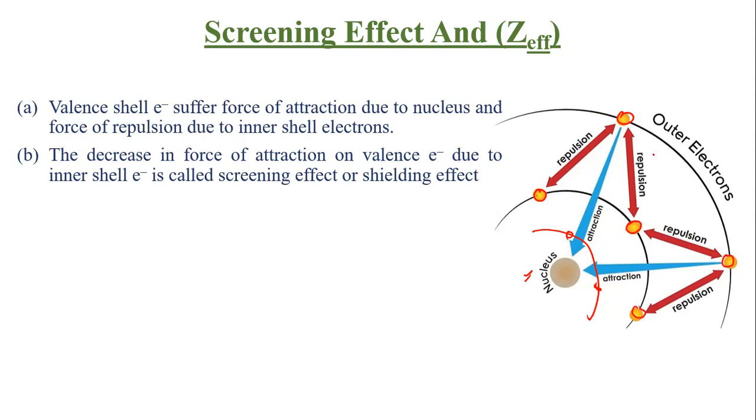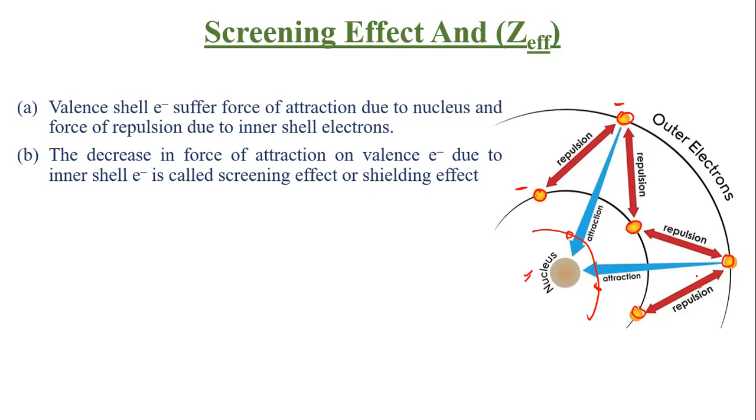These outermost 2 electrons have a force of attraction with the nucleus. But both are negatively charged, so they will repel each other. There is repulsion.